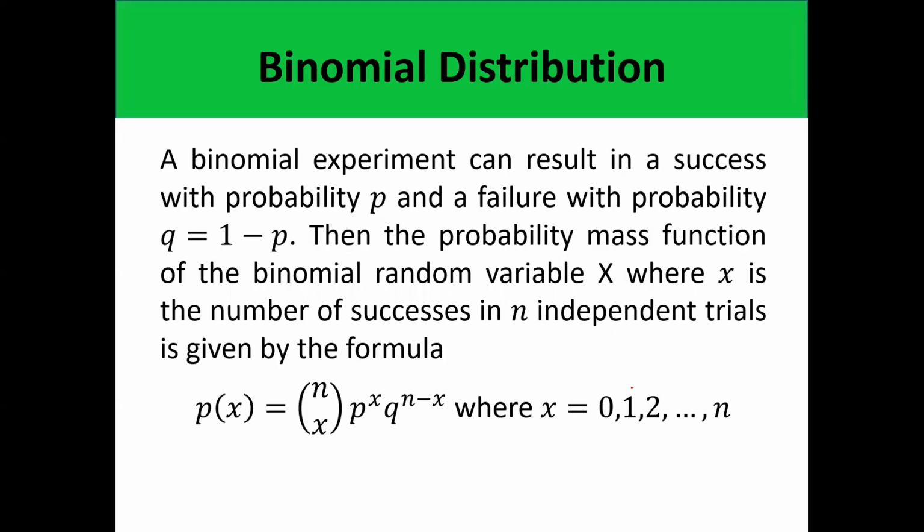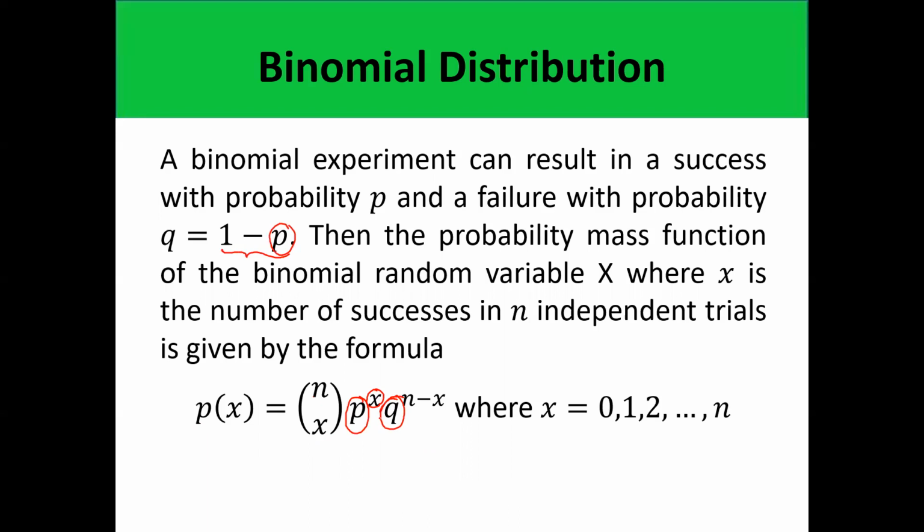Now, for a binomial experiment or binomial distribution, the probability of a specific value of x is given by P(x) equals n combination x times the probability of success p raised to x, times q, which is defined as the probability of failure, and is defined as 1 minus the probability of success.